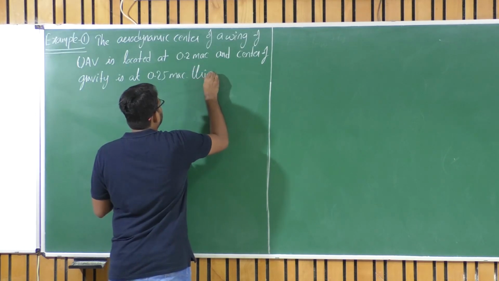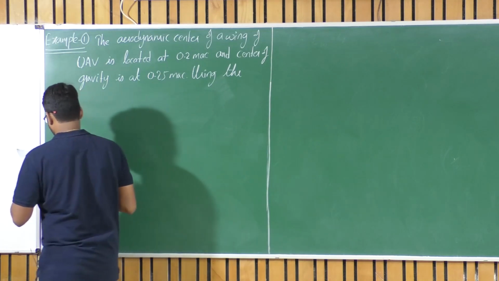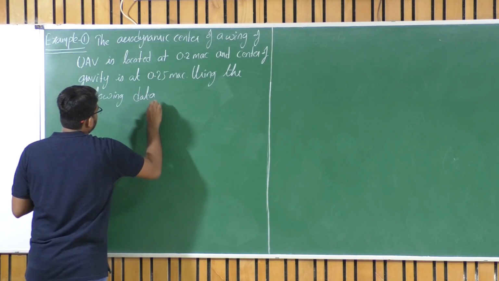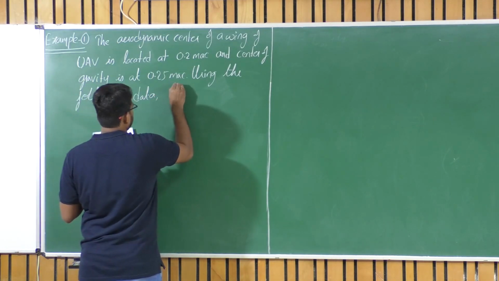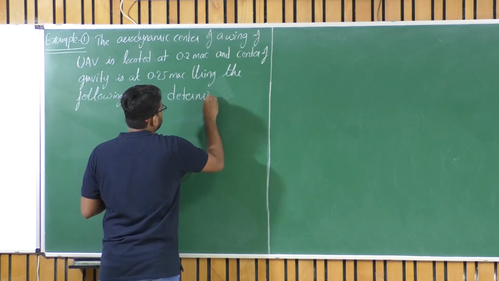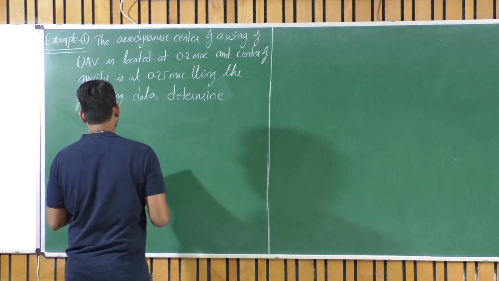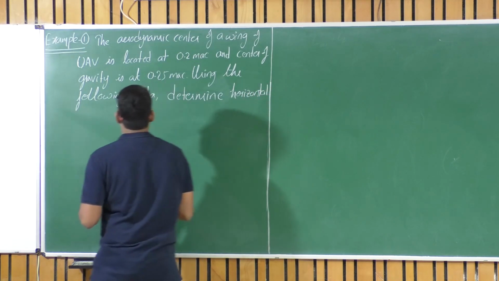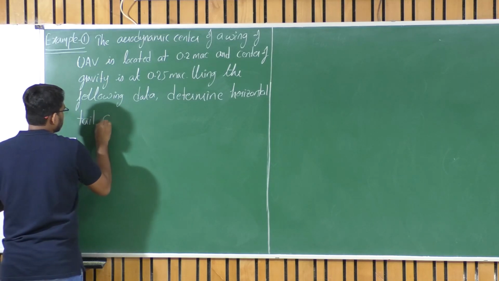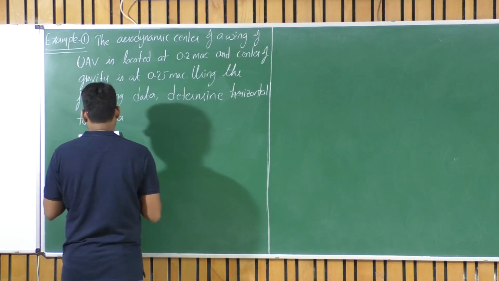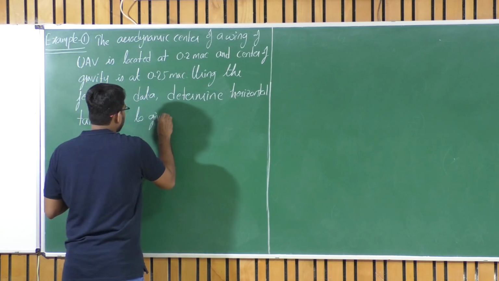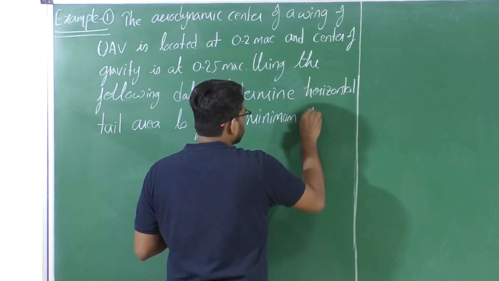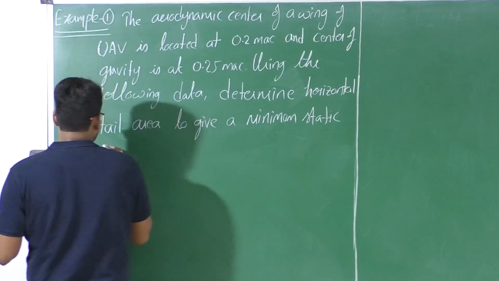Using the following data, determine the horizontal tail area to give a minimum static margin of 0.08.